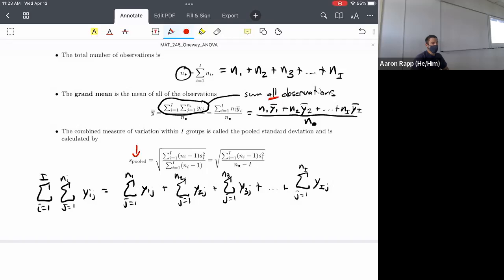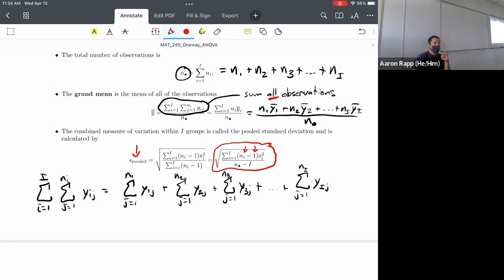And again, there's two ways that you can go about doing this calculation. They're both equivalent ways of doing it. I think I would say I prefer you to do this very last one. So what it's saying here is for each of the groups that you have, you're going to sum up the number of observations you have for each group minus 1. That's that n sub i minus 1.